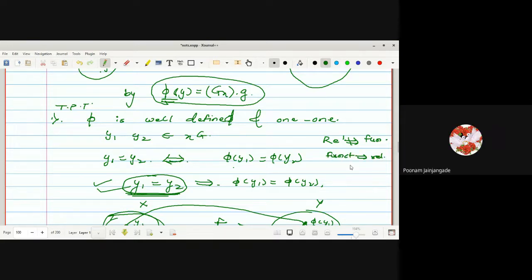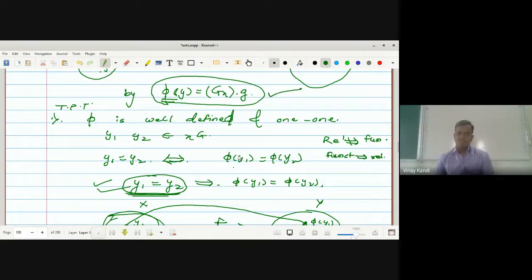Yes, sir. हा आपण रिलेशन डिफाईन केलाय. हा रिलेशन जर मला फंक्शन व्हायचा असेल तर मला काय प्रूव्ह करावं लागेल, this phi is well defined. Okay, every function is a relation, but every relation is not a function. Why?